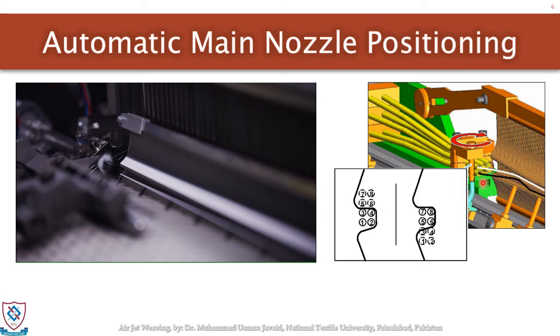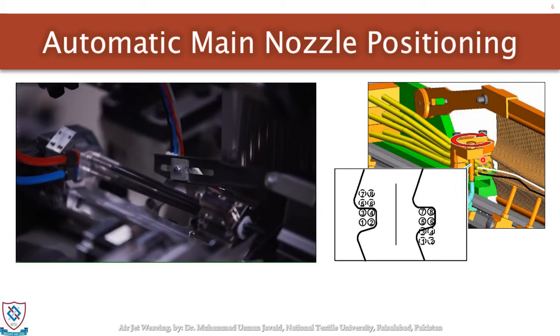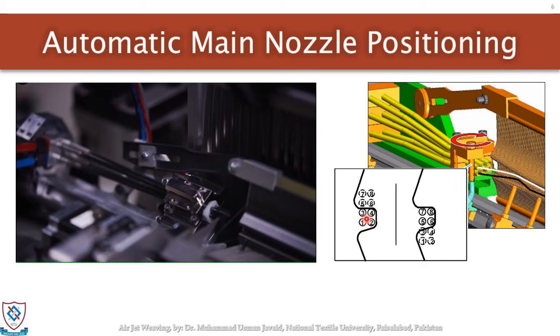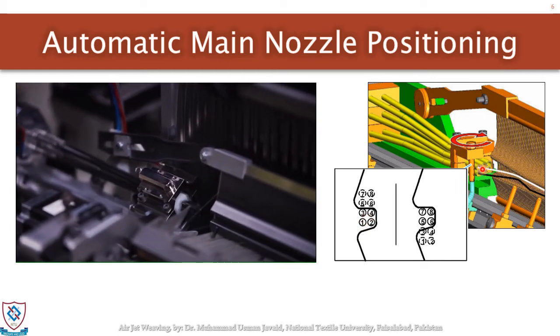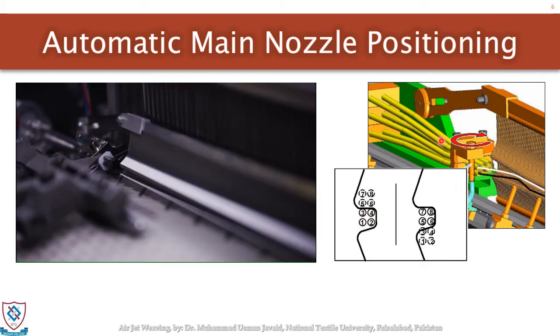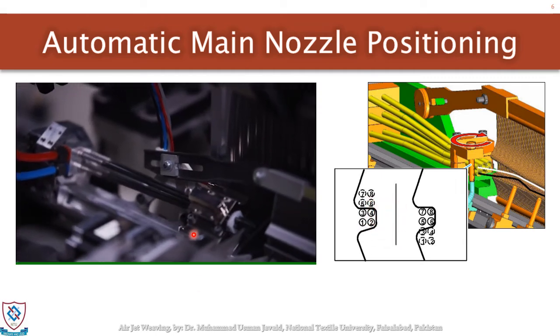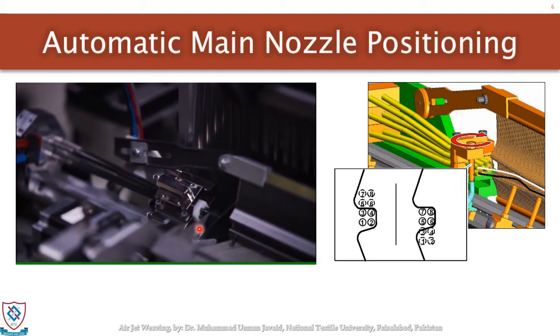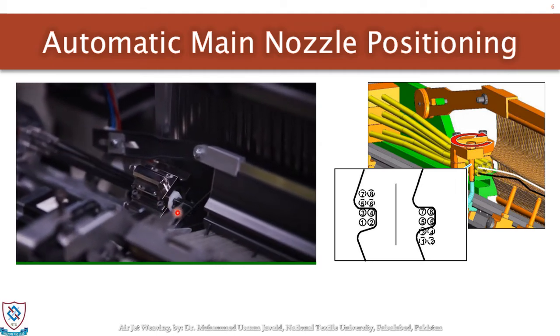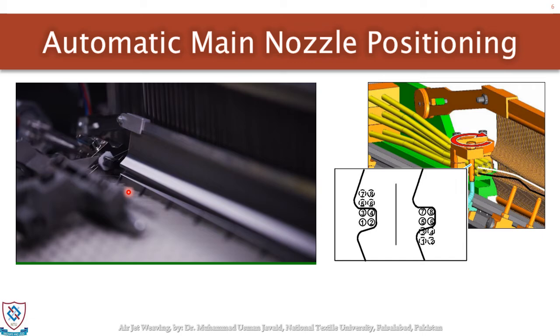And if we have more than 6 channels, that is 8 channels, then we have to displace this firing position up and down, and again this variation is there. So a new innovation has been in practice now, that is the fixed main nozzle that moves with the sley and can move vertically as well as horizontally.